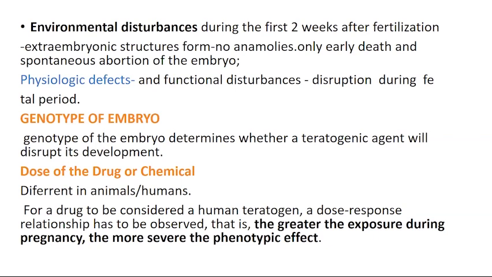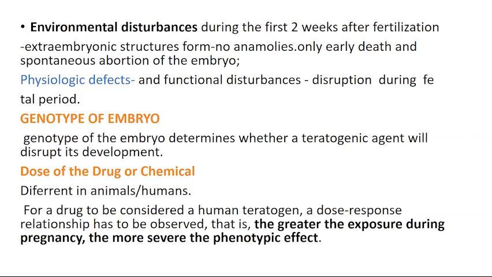The genotype of an embryo determines whether a teratogenic agent will disrupt its development. That is, what type of genetic formation it has depends on what type of embryological problem can occur. The dose of the drug is different in humans and animals. As I've already said, for a drug to be considered a human teratogen, a dose-response relationship has to be observed.